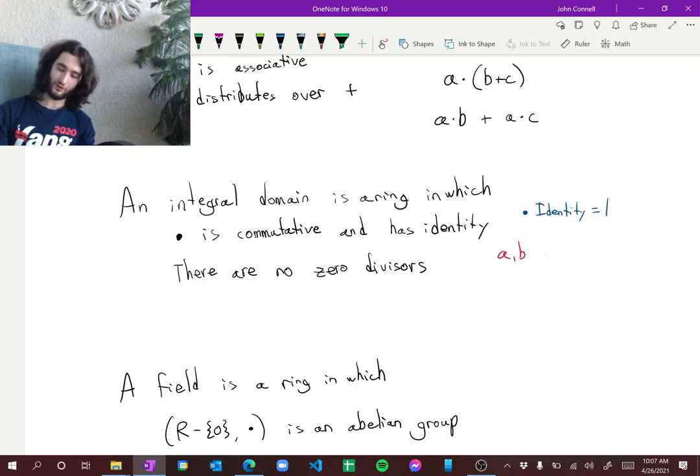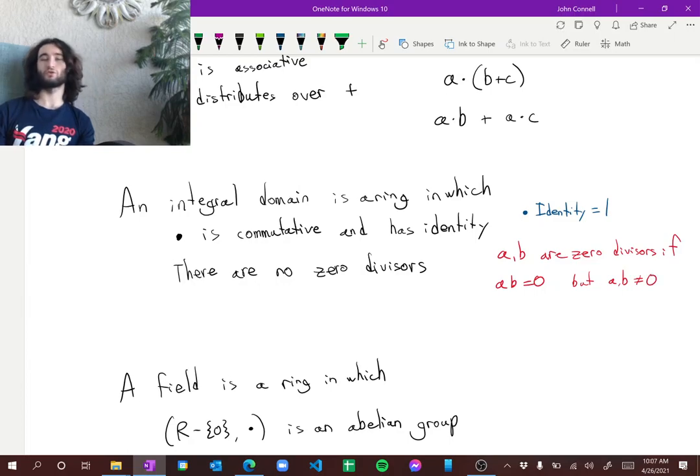A and B are 0 divisors if their product is 0, but they themselves are non-zero. So two non-zero elements which multiply together to make 0. That's what's called a 0 divisor.